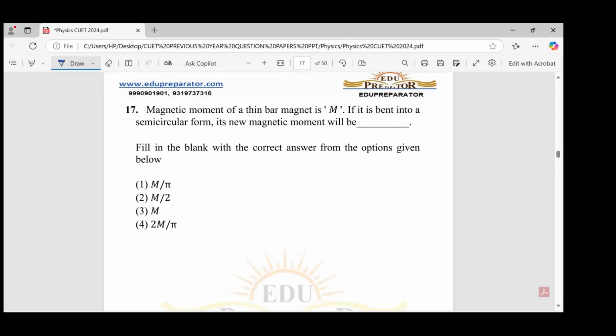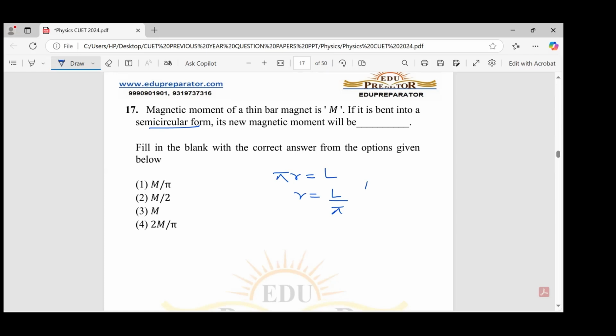Let's move further. The magnetic moment of a thin bar magnet is M. It is bent in the form of a semicircle. So again, without moving into the physics part of it, semicircle means pi r, which should be equal to the length. So r is equal to L by pi. Right? So you are having this as the concept, and he says magnetic moment.